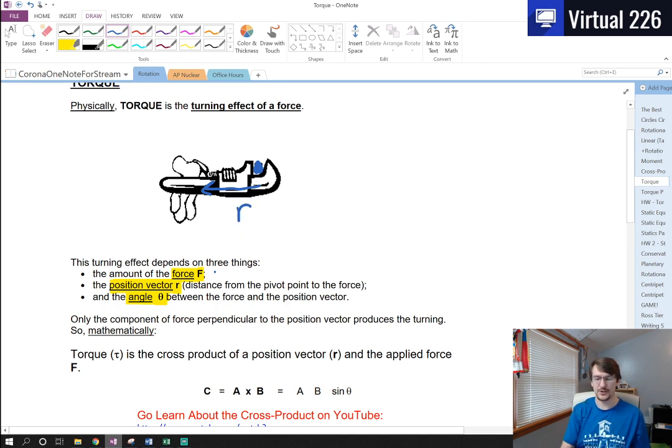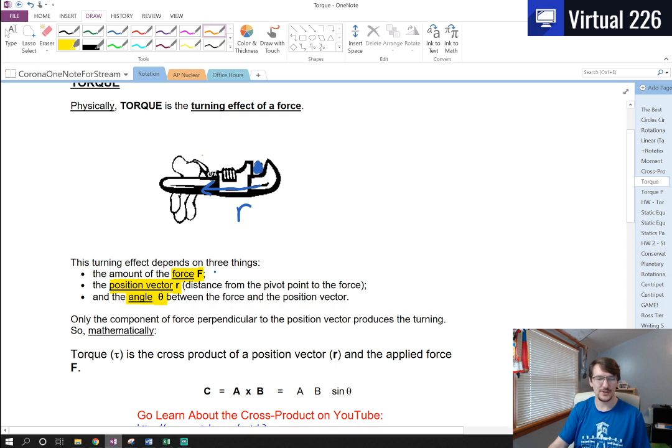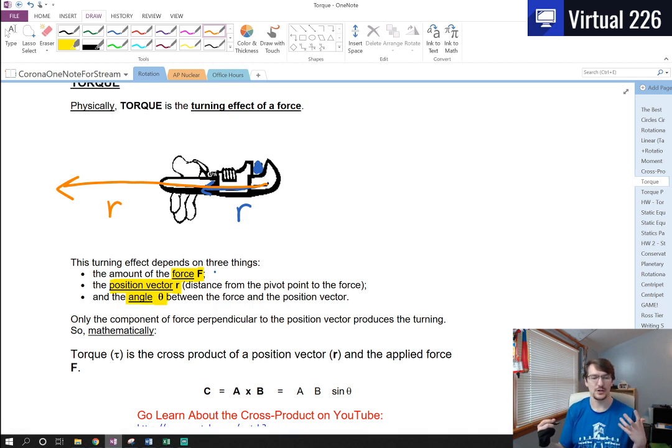If you ever find that you're trying to free up a bolt and you just can't, then you might use what's known commonly as a breaker bar, a very, very long wrench. The reason is that you get a much, much longer position vector or moment arm, and you can either tighten something much more or remove something much more easily because you've got this larger moment arm or position vector.